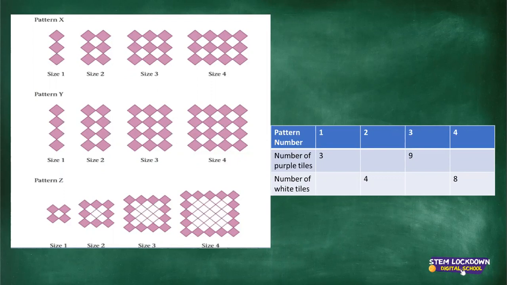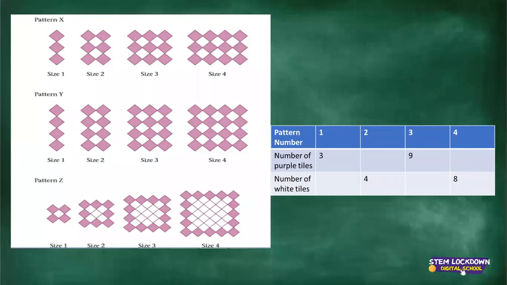So I want us to look very carefully on this pattern and think again about our answers. Do we multiply for the white tiles or do we just add? It is not going to be the same with the purple tiles where we are able to multiply.